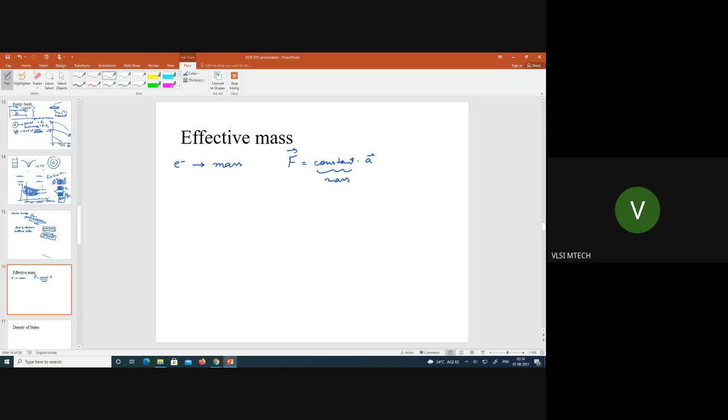So if I apply an external electric field and somehow imagine I'm applying a force on these electrons, the net force on an electron I can write as whatever external force I'm applying plus whatever internal force there is. Okay. And this would be equal to the mass times the acceleration.